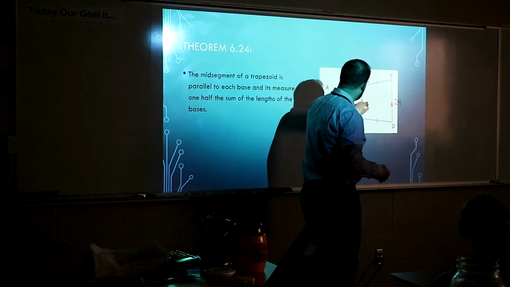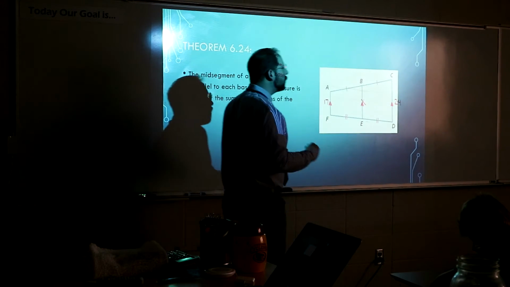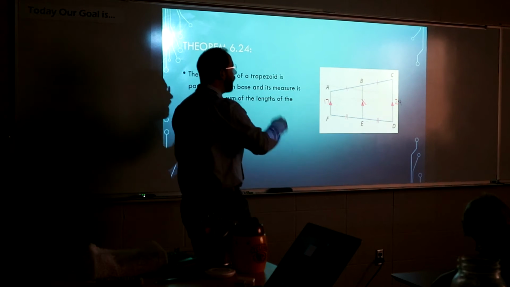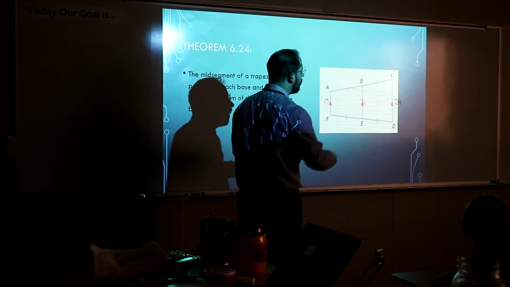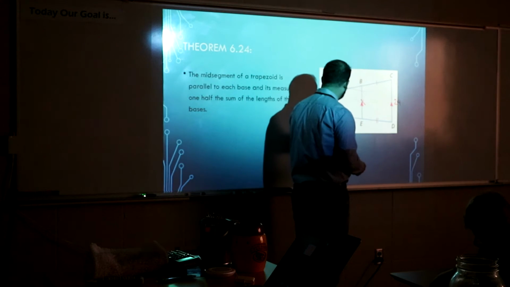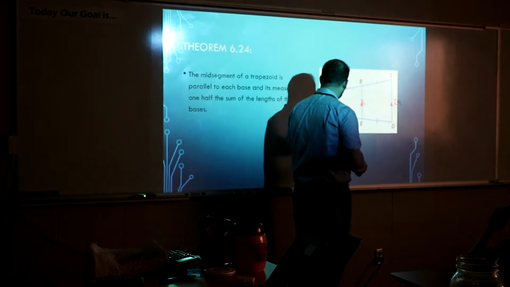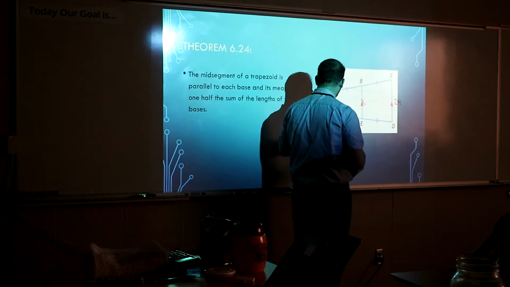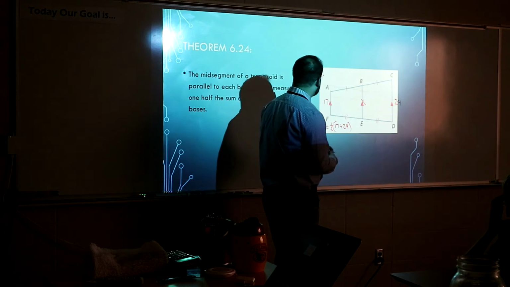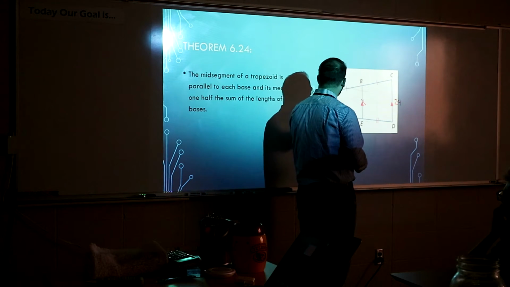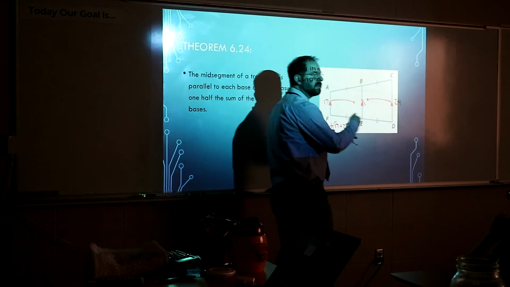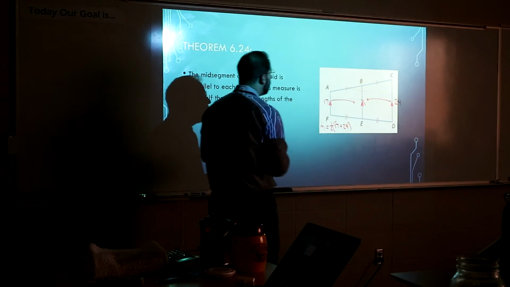The number here has to be the number in between them. That's what a midsegment is. That's what this theorem said: the midsegment is the number directly in between 17 and 24. It can be a decimal, it's fine. If you don't know the formula, you add the 2 bases together, and then you divide by 2. That's how you find the midsegment. Or just think about the number in the middle. If you're going this direction and you're going this direction, they have to be the same distance from those numbers.